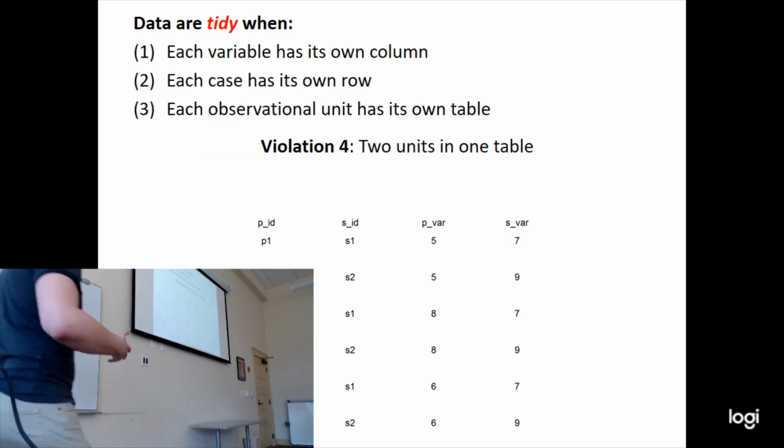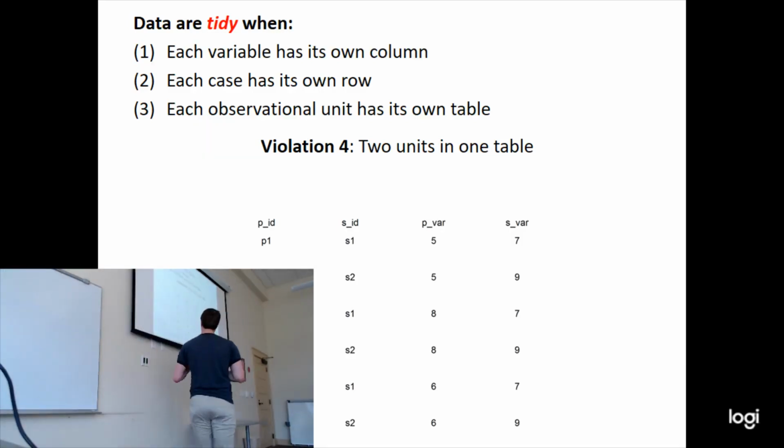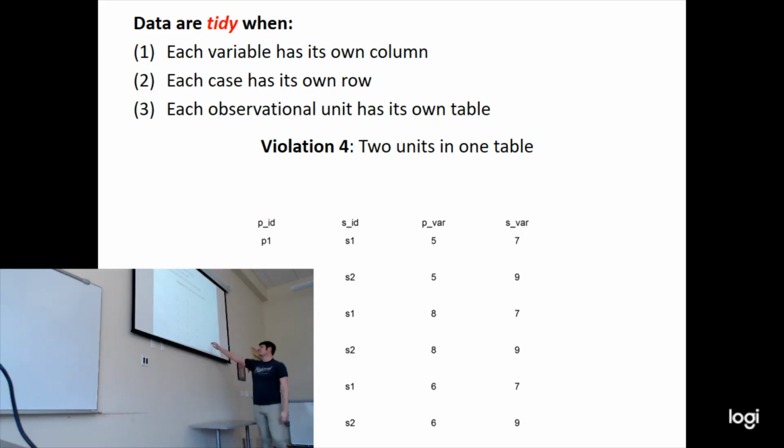But to make this concrete, let's imagine I have pupil IDs and school IDs. I have a variable measured on pupils, and I have a variable measured on schools. And notice whenever I have the same school, school 1, they get the same value. But whenever I have school 2, they have the same value.